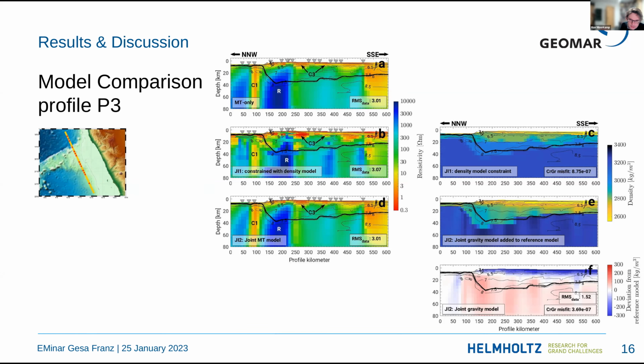The conductive sea and the high contrast increase the computing time quite considerably. And with joint inversions, what I see is that they take more iterations than a single inversion typically to reach the same RMS.